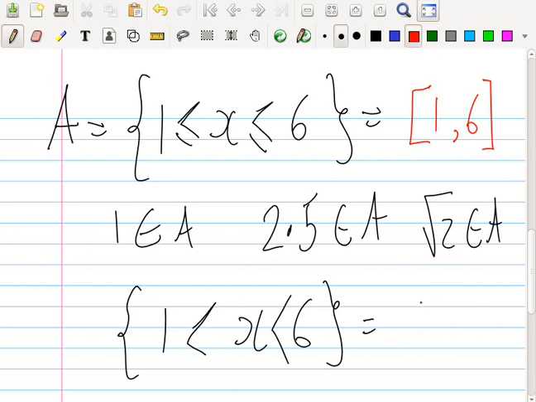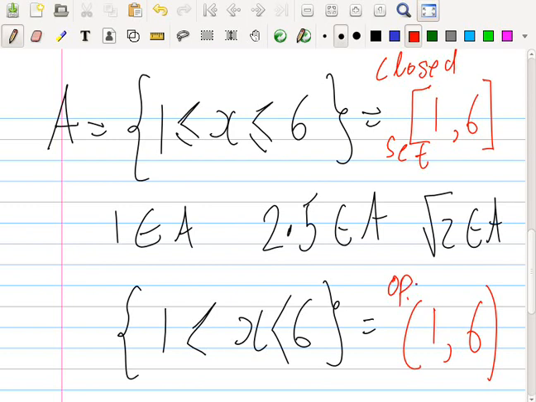Yeah, I use the round brackets, 1 and 6 like that. This has a special name. This is called a closed set. And then this one here will be called an open set. Include 1 and 6, exclude 1 and 6.